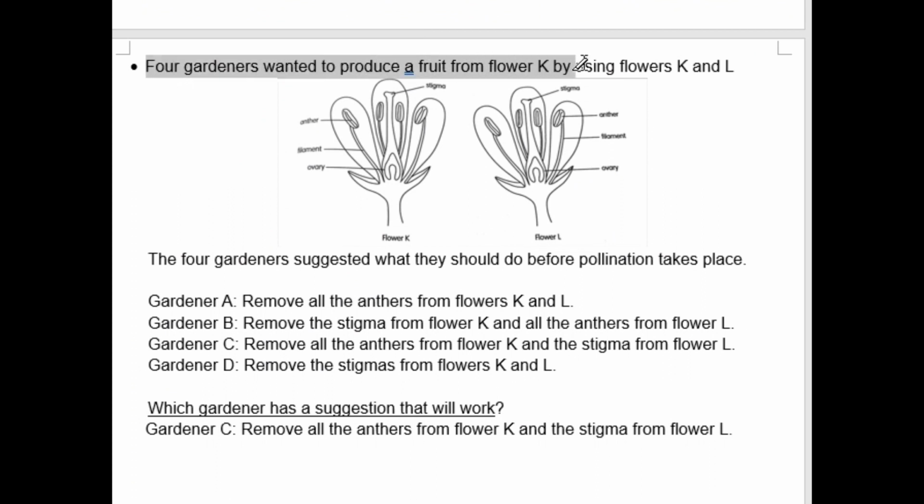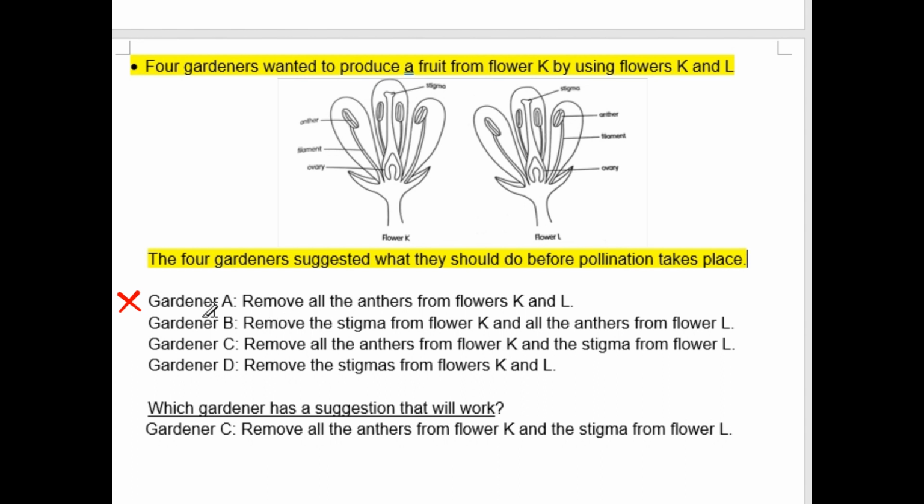Four gardeners wanted to produce a fruit from flower K by using flowers K and L. The gardeners suggested what they should do before pollination takes place.